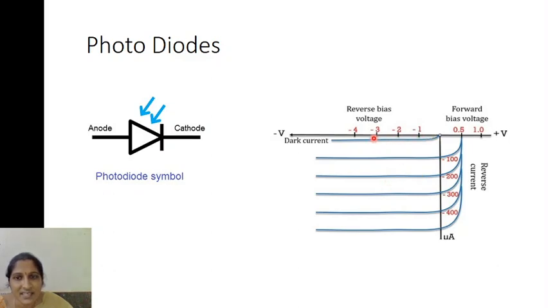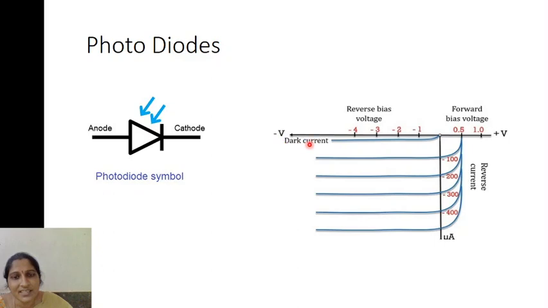This is the negative voltage and this is the negative current in microamperes. In reverse bias, it will be in the conducting state, so for some amount of voltage, more current is produced. Whenever light falls on it, it is reverse biased and it conducts.